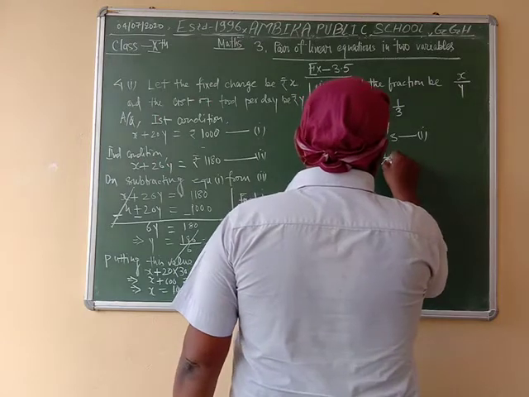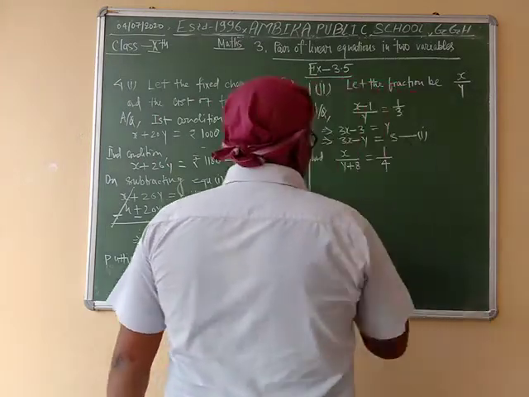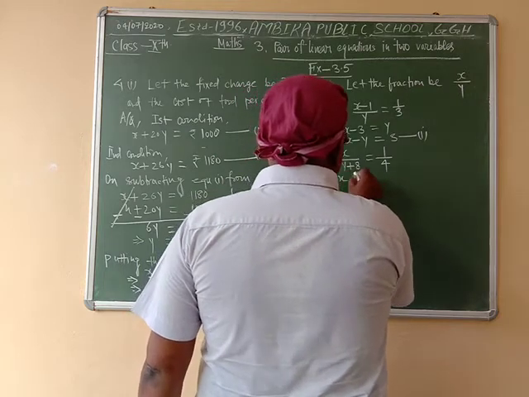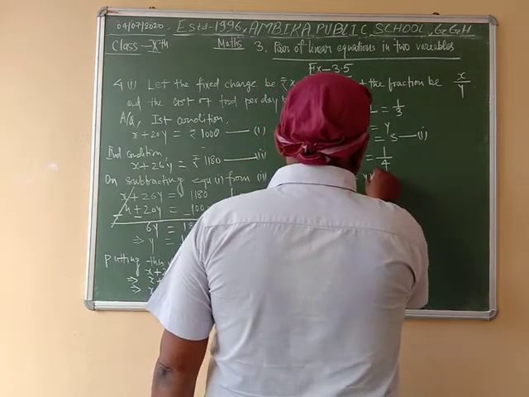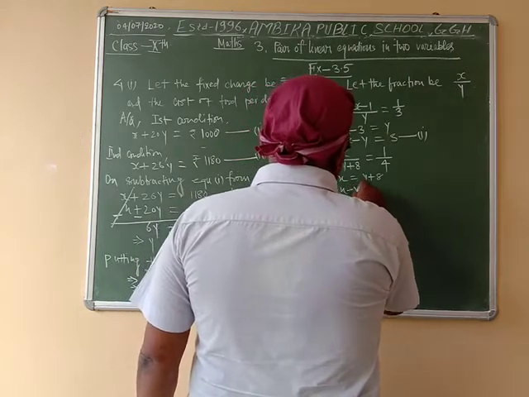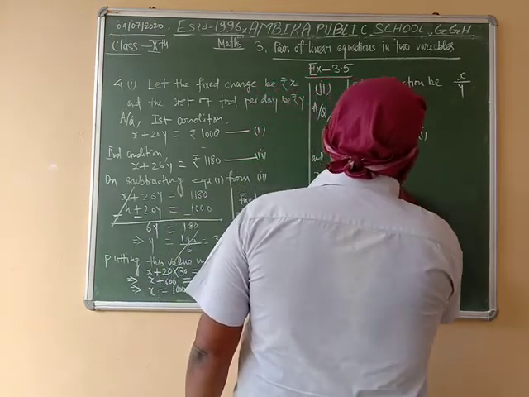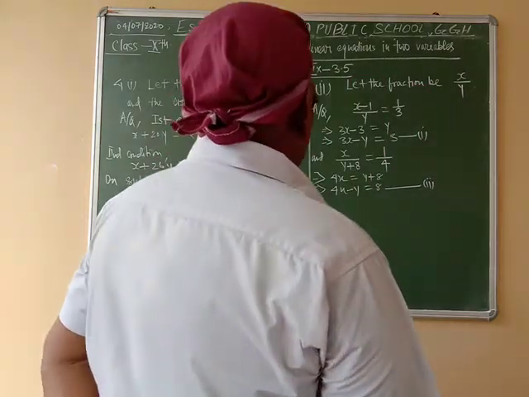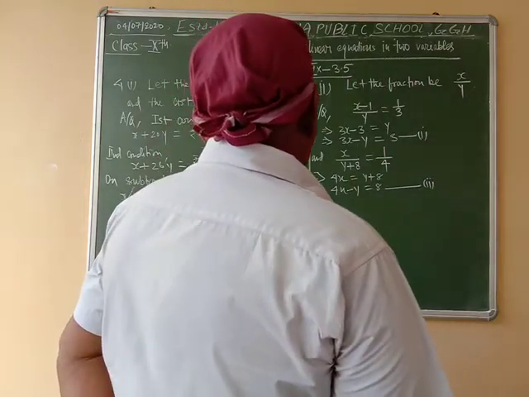By cross multiplication, 4x is equal to y plus 8, so 4x minus y is equal to 8. This is condition 2.